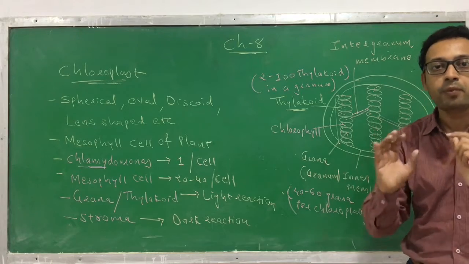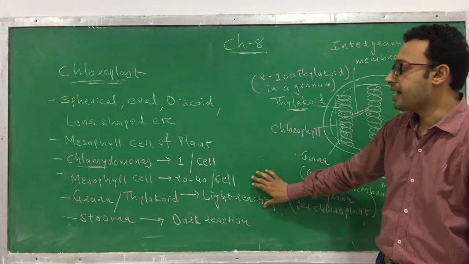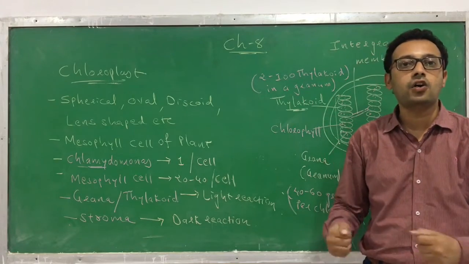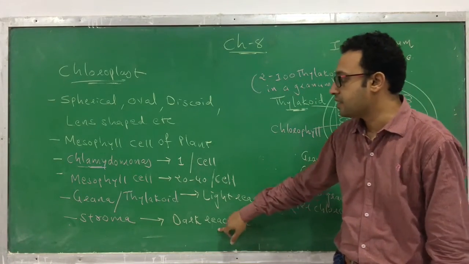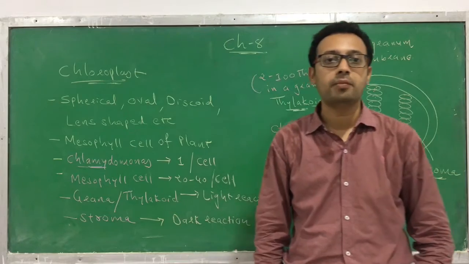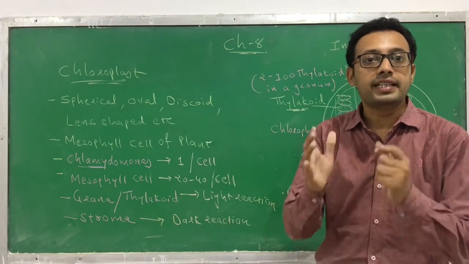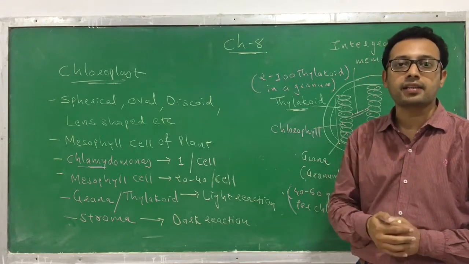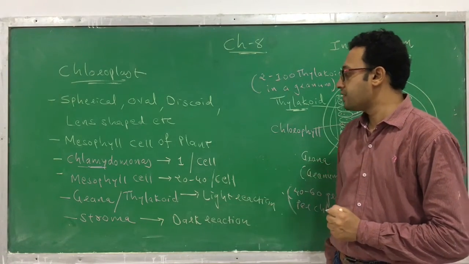So students, this is an important question. Where does the light reaction take place? In the grana or thylakoid. And where does the dark reaction take place? In the stroma. Light reaction is a reaction of photosynthesis that occurs in the presence of sunlight, that's why we call it light reaction.